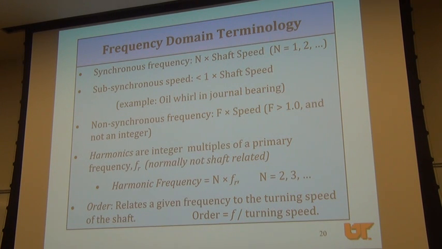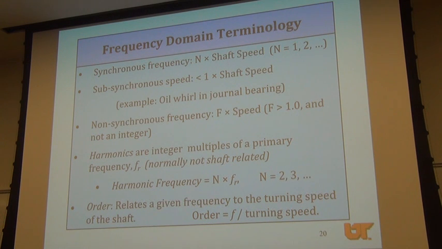If you have misalignment, it could be 3 times the shaft speed. So that means it is a harmonic frequency. Harmonic frequencies are multiples of the basic rotational frequency, so you will see them in practice.